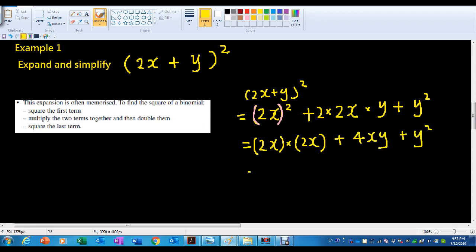The thing here is a bit challenging: 2x times 2x, that means 2 times 2 is 4, x times x, you've got x squared, plus 4xy plus y squared. This is really important because when you multiply x by x you get x squared. Possibly you need to take some time to get yourself familiar with what we're doing here. Make sure you understand every step here.